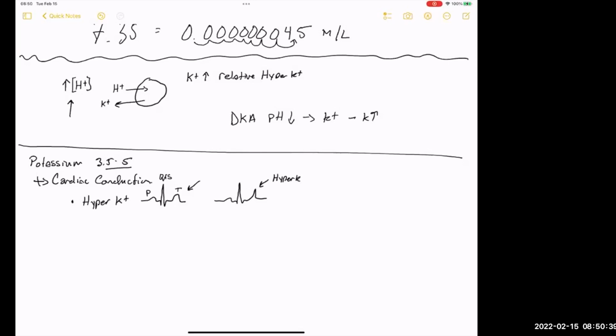And then what tends to happen is the T waves become flattened out, and then the QRSs can widen as the hyperkalemia gets more severe. And then in the most severe cases, you have a complete loss of P waves, and the QRS complex and the T wave kind of merge into each other, and you develop what's called a sine wave.